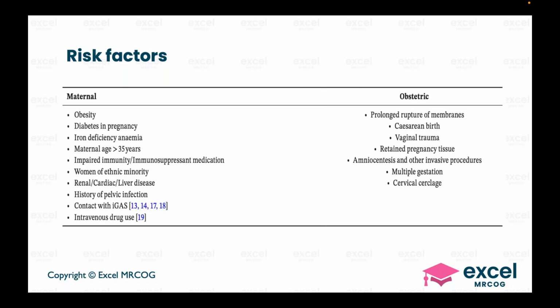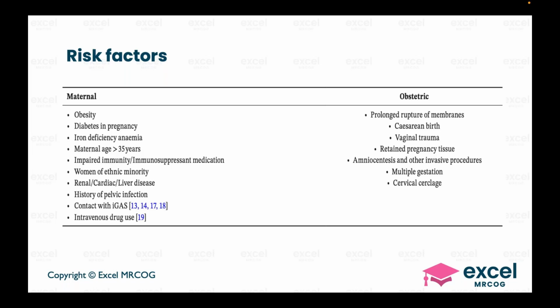And obstetric risk factors would be prolonged rupture of membrane, cesarean birth itself is a risk factor, vaginal trauma, retained pregnancy tissue, amniocentesis and other invasive procedures, multiple pregnancy, cerclage. So any intervention you do in pregnancy can result in sepsis, remember.